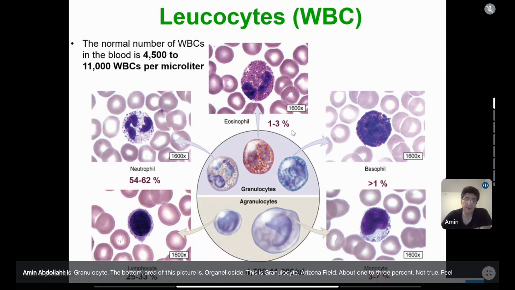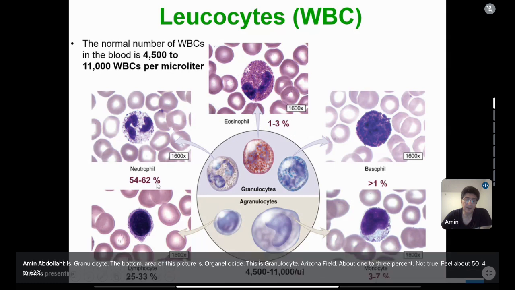Neutrophil about 54 to 62%, more than other types of granulocyte such as eosinophil and basophil, because eosinophil is about 1 to 3% and basophil less than 1%. Okay, neutrophil is more than other types of granulocyte.